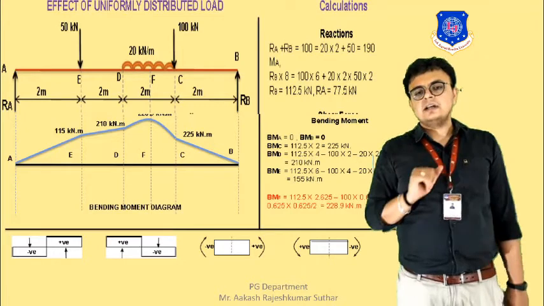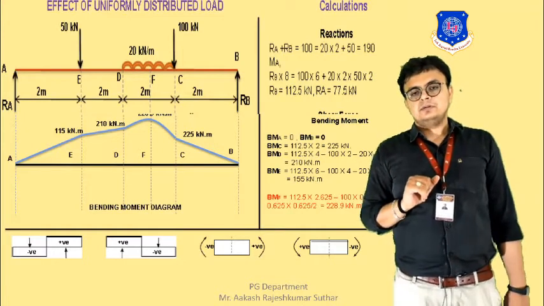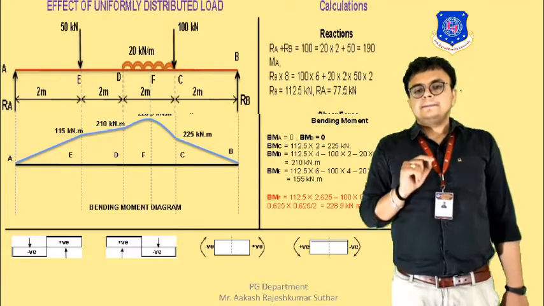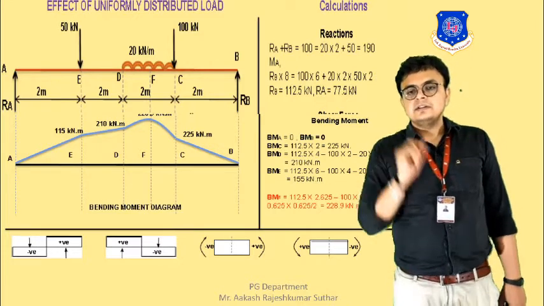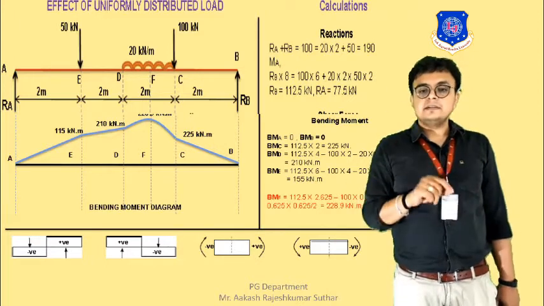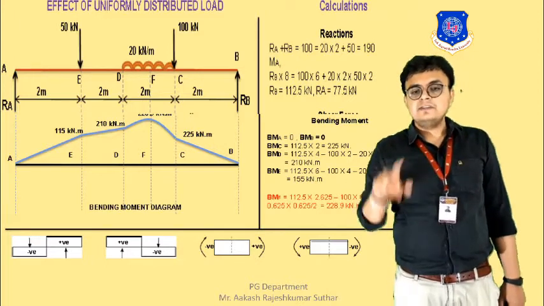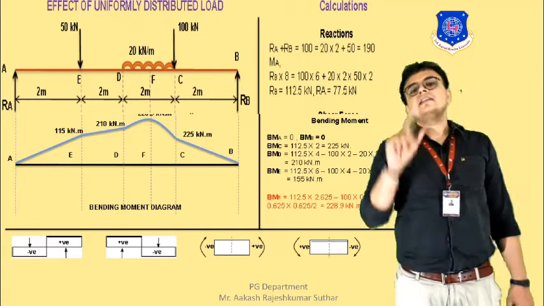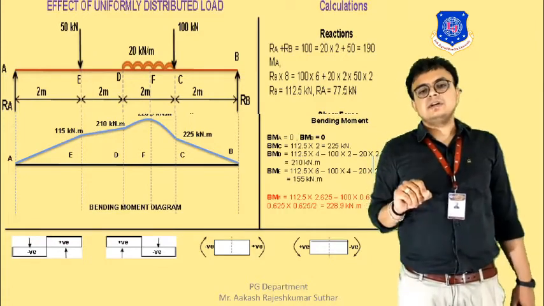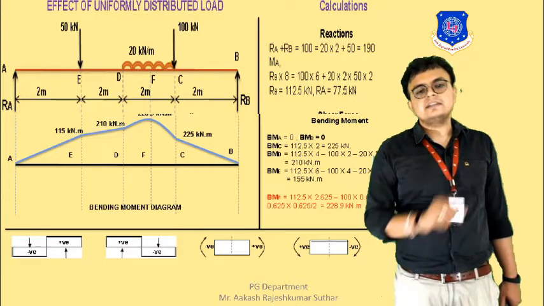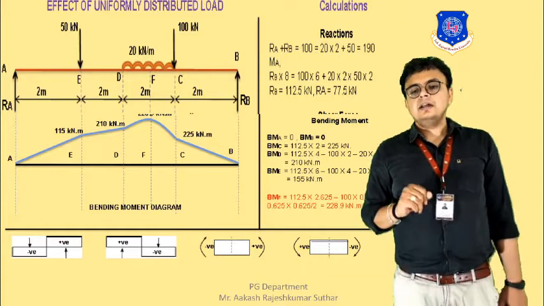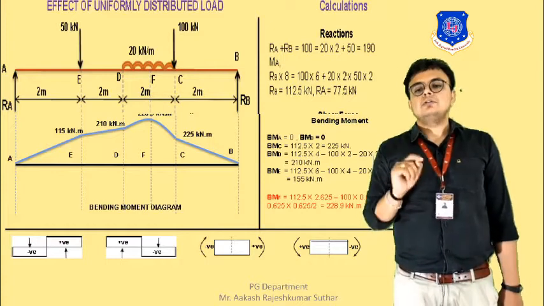Moving towards the point E, that will be equal to RA, that is 77.5 into 2. On the left hand side of the joint we are getting a clockwise direction, so it will be positive, and that will be equal to 155 kilonewton meter.